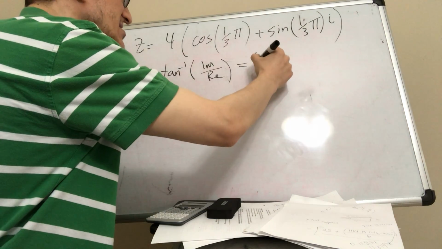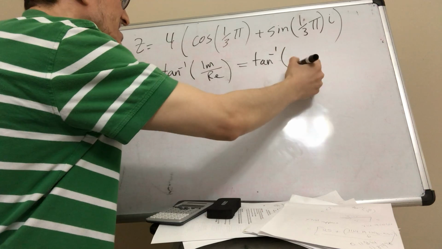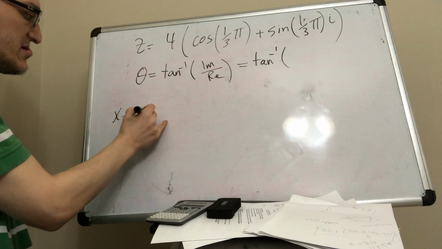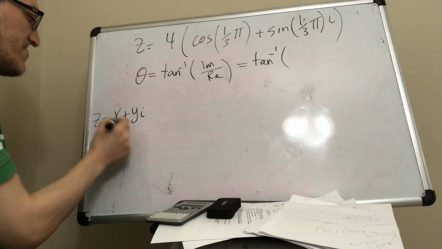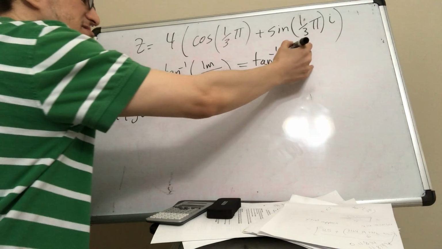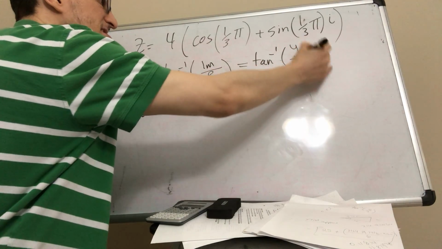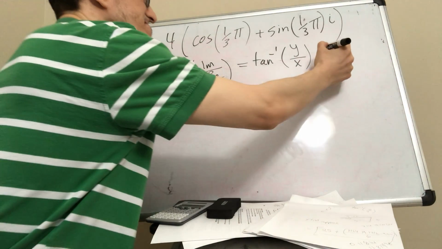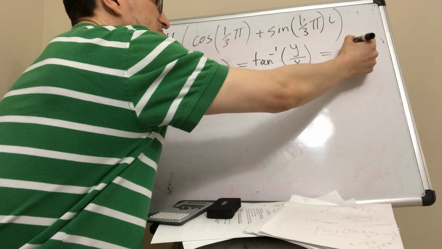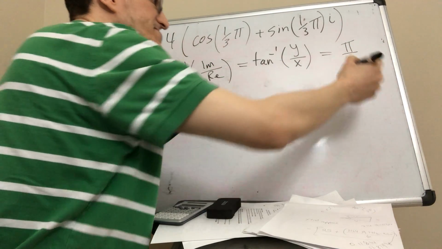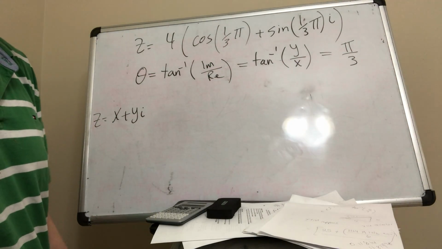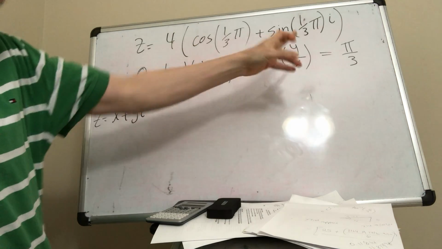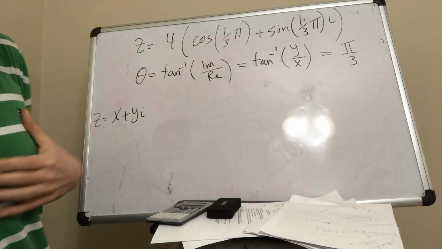So I know that tan inverse, let's say this is the form, it would be y over x. So the tan inverse of y over x is pi over 3. So this is one equation, that the tan inverse of y over x is pi over 3.